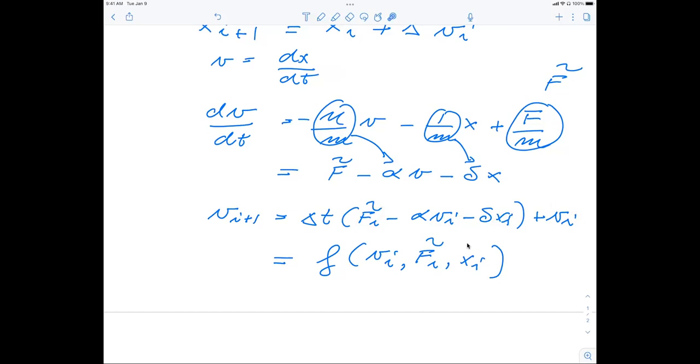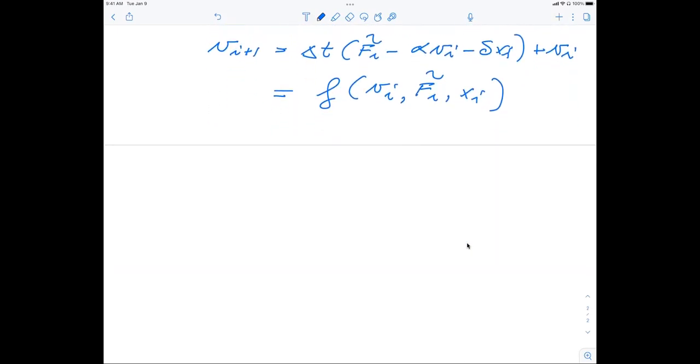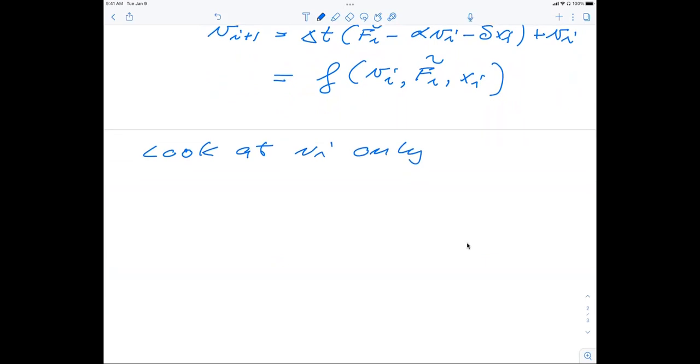Nothing special here. Now, the reason why I'm doing this is that I'm going to rewrite this in terms of a diagram. And the way you could think of this is the following. If we just specialize at v, so let's look at v only, you start with an initial value, v0, and that feeds into this function f of 1, and it gives us also an output.